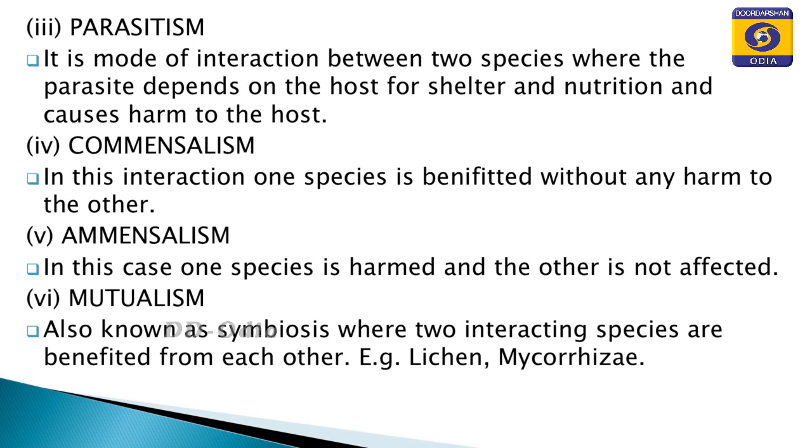An algal species and a fungal species make a living together. The algal species are autotrophic and they carry out photosynthesis, taking light and other raw materials from nature, and the fungal partner provides shelter to the algal partner, gives protection and derives nutrition from it, and they live like one organism.